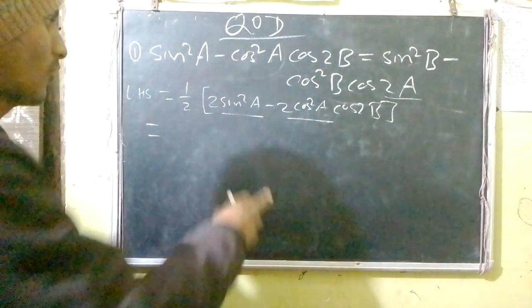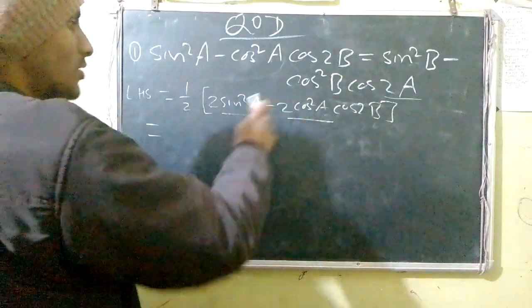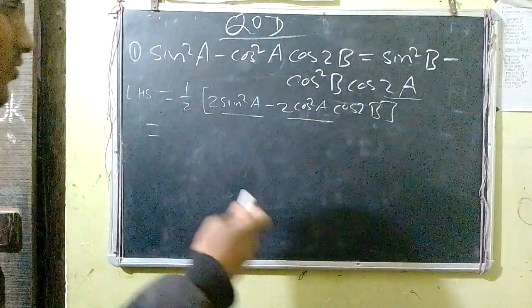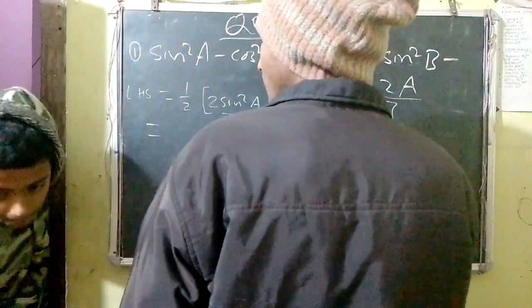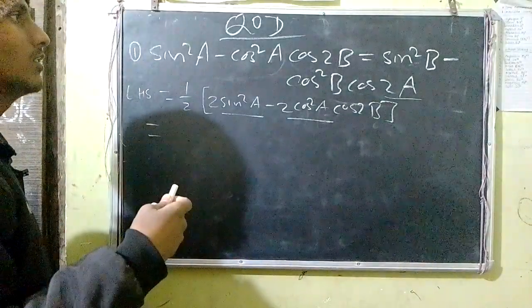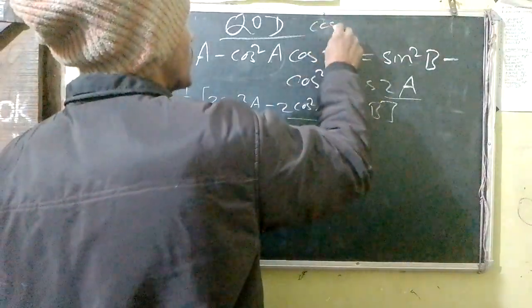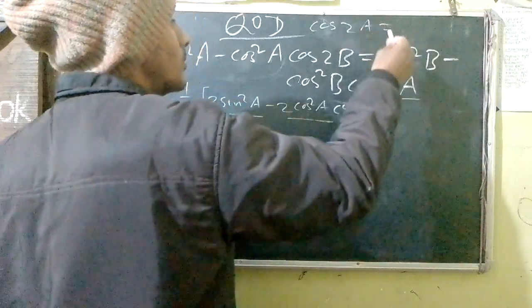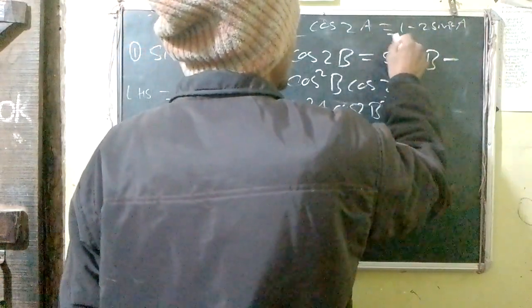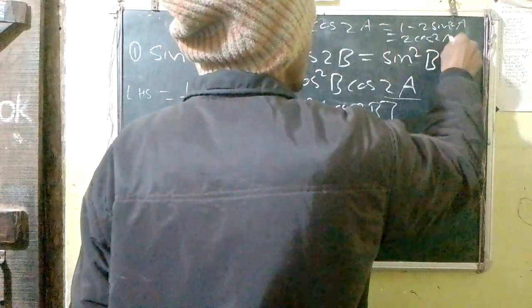How can I make A into 2A? We know the formula involving 2 sine square A and 2 cosine square A. There's a square, and that's why we have an advantage. We can use a famous, known formula, cosine 2A, which is 1 minus 2 sine square A, and another is 2 cosine square A minus 1.